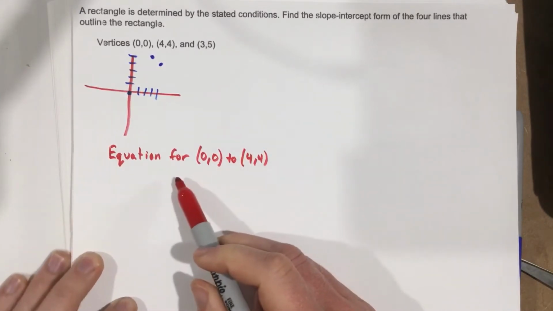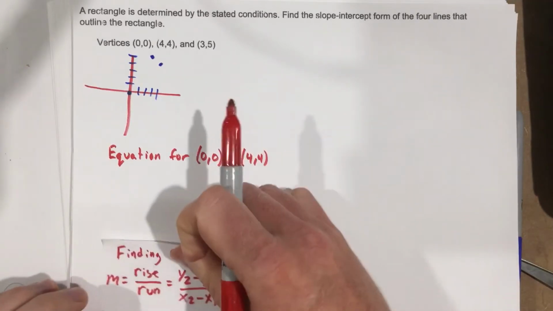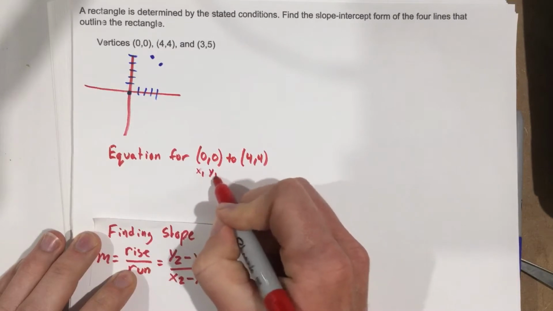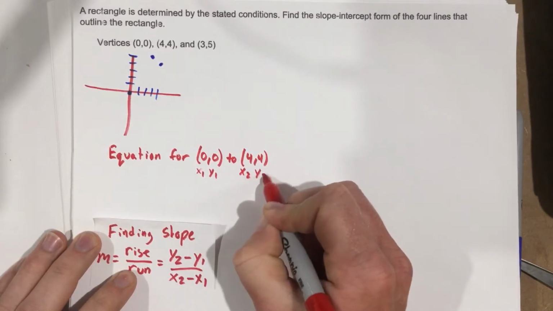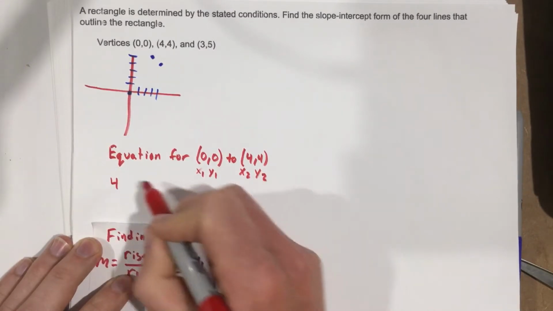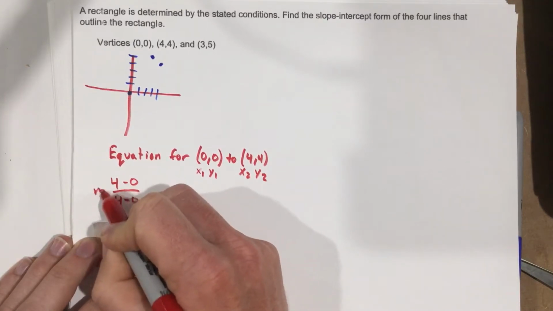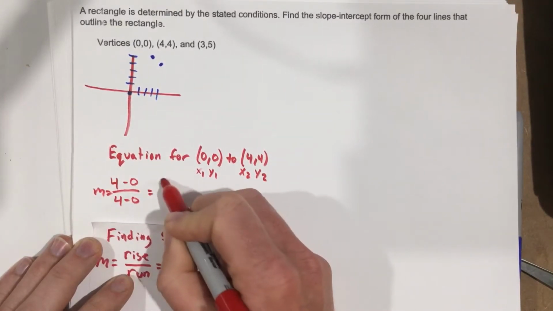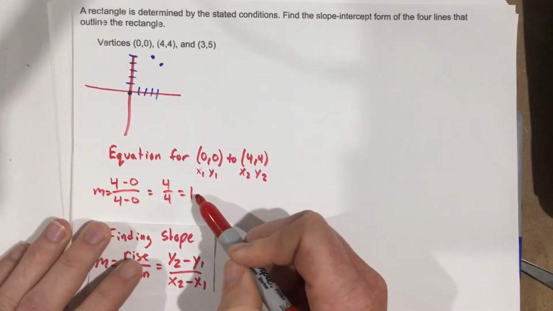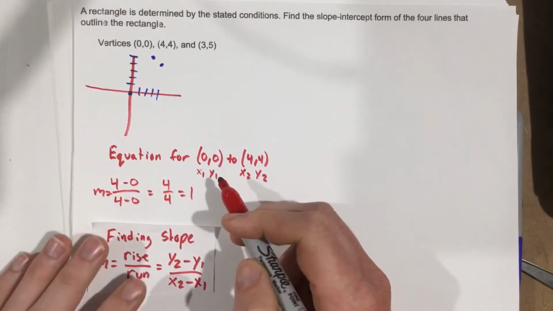When we go to find this equation, we're going to use the slope to find it. We'll call this x1, y1, x2, y2. So y2, 4, minus 0 over 4 minus 0 will give you 4 over 4, which is 1. So my slope for the original line is just 1.